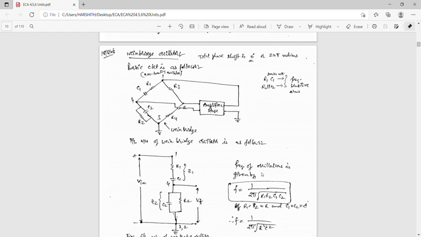Generally, in an oscillator the amplifier stage introduces a 180 degrees phase shift, and the feedback network introduces an additional 180 degrees phase shift, so totally 360 degrees.